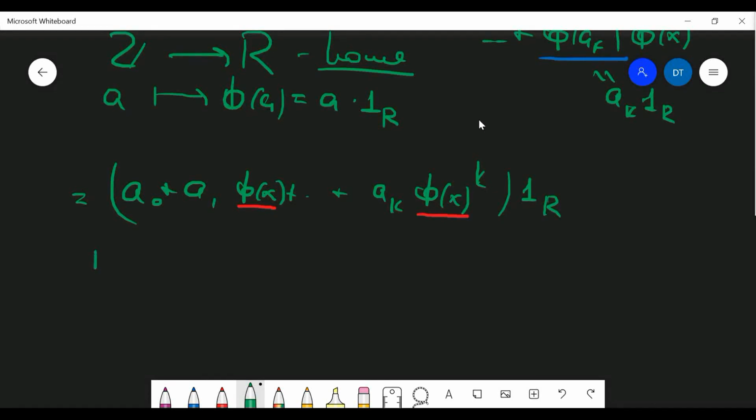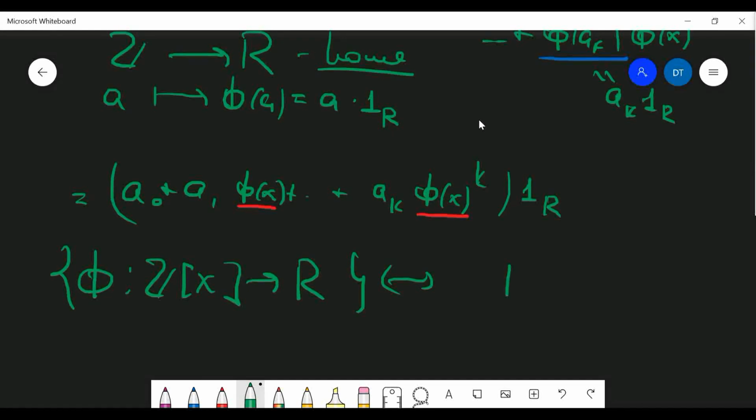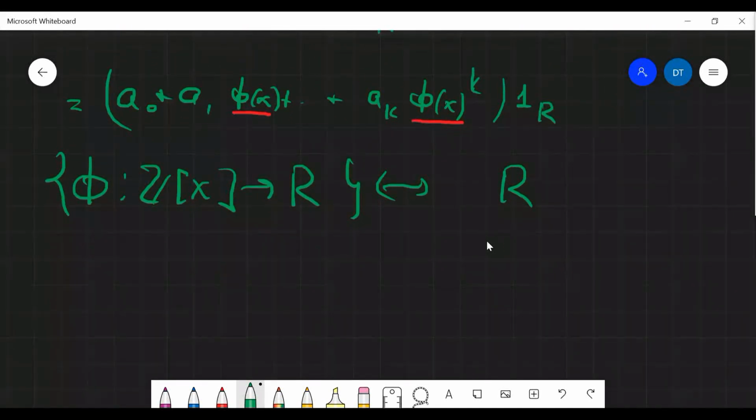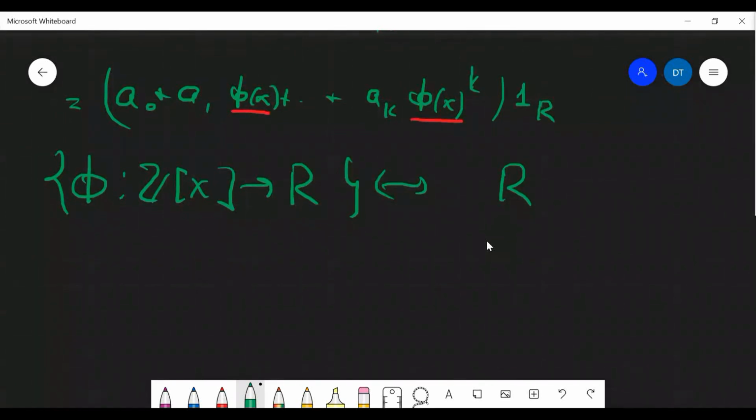What I'm saying, all homomorphisms from this ring to this one are in one-to-one correspondence with the elements of R. And what is the correspondence? If I have a homomorphism phi, it corresponds to the element h, which is phi of x.